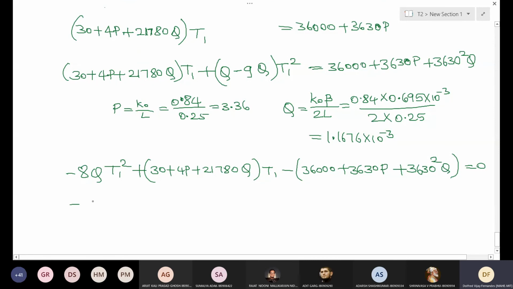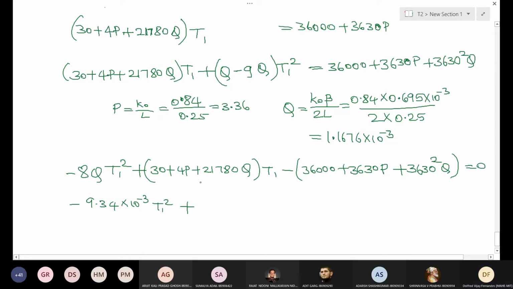So we will get minus 9.34 into 10 to the power minus 3 T1 squared.